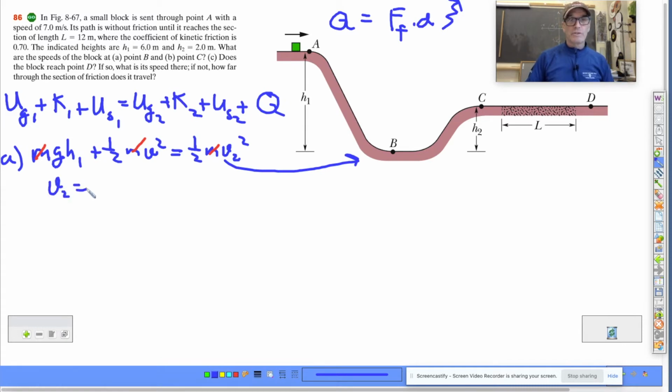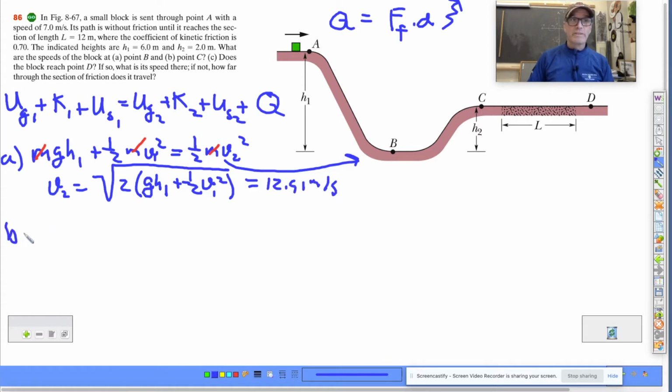V2, your expression should look something like this: the square root of, and I'm going to multiply first by 2, so 2 times the stuff on the left-hand side, gh1 plus 1/2 v1 squared. That'll give you your velocity. Expect to get about 12.91 meters per second.